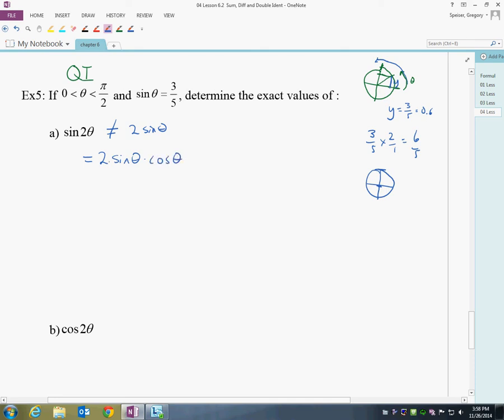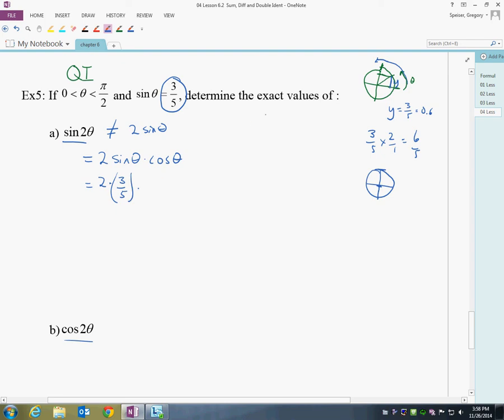You may recall that when you look at the formula sheet, there's only one for sine. Here we get a choice of 3 when we go to the cos. So looking at this, I have equals 2 times sine of theta, and I know what it is. It's 3 over 5, so I plunk that in there, times 3 over 5, times, now we need to figure out the cos. This is like we did in the previous question.